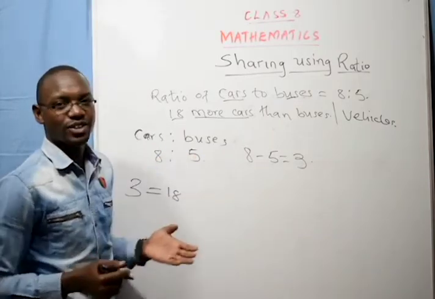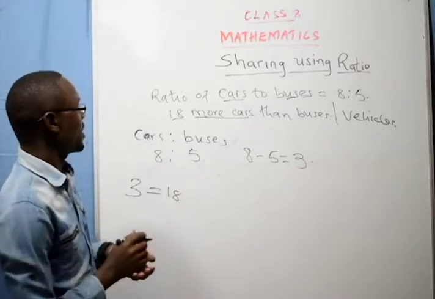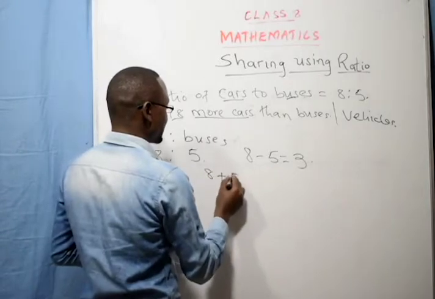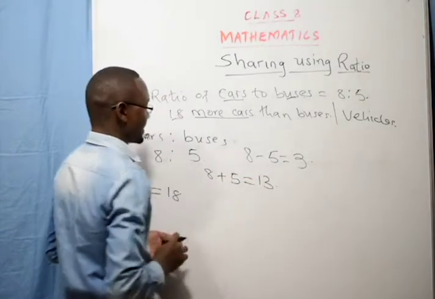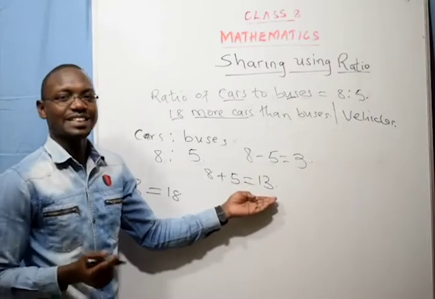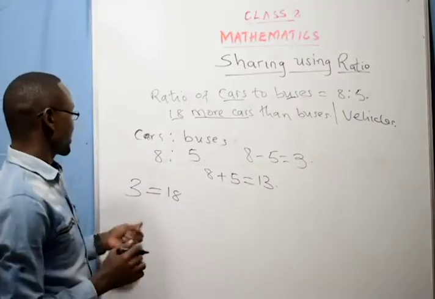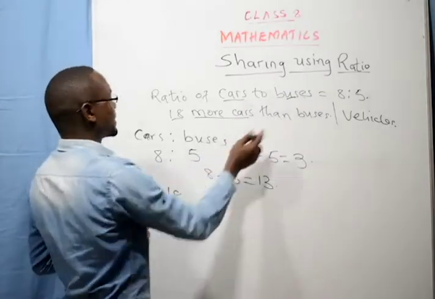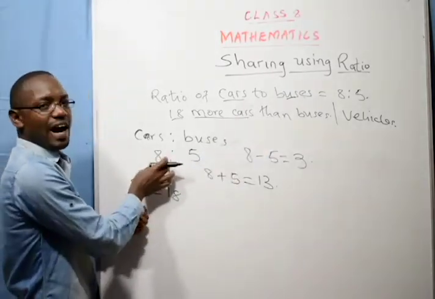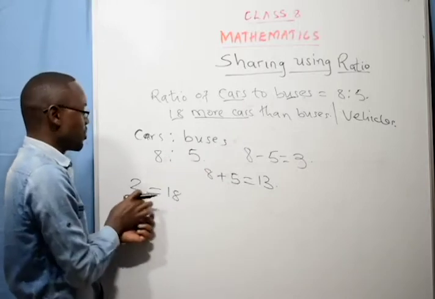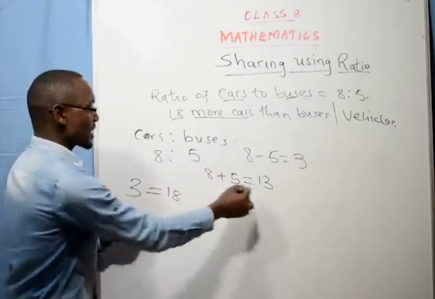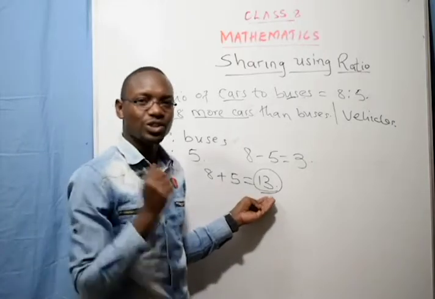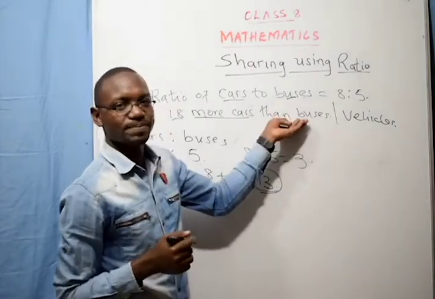So what is the total ratio? The total ratio is 8 plus 5, which is 13. So using this statement, there are 18 more cars than buses, the difference, which is 3, will represent 18. What about the total ratio, 13? 13 will represent the total number of vehicles in that garage.